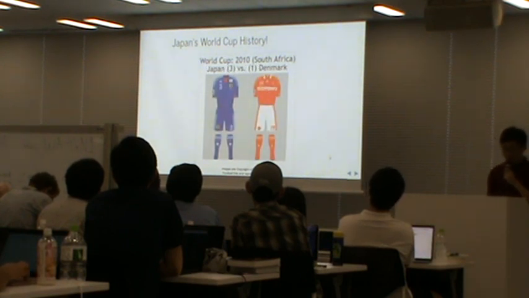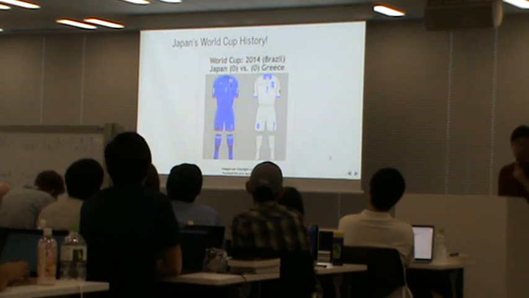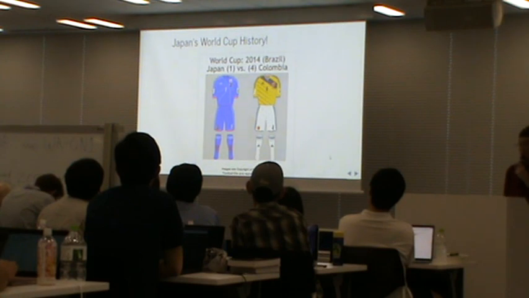So you'll notice that in some World Cups, Japan only used one set of uniforms, and others they used many different combinations, not just the tops, but different shorts and socks as well.